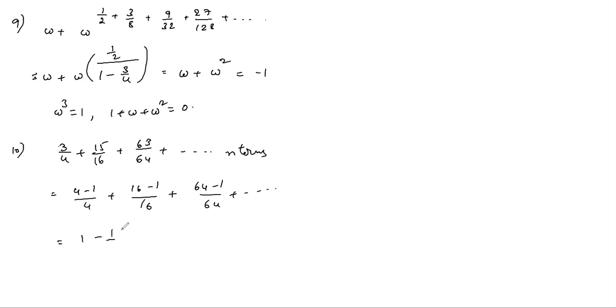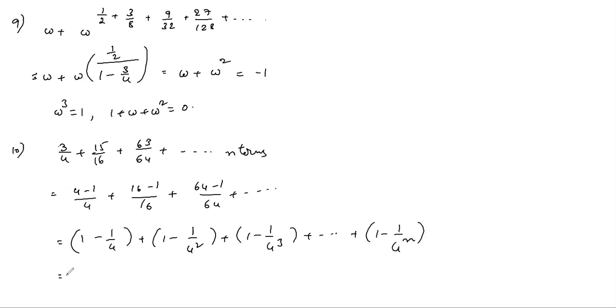1 minus 1 by 4, 1 minus 1 by 4 square, 1 minus 1 by 4 cube, and the nth term 1 minus 1 by 4 power n. So the first part is 1 plus 1 plus 1, n times. Next is a GP, geometric progression with n terms.